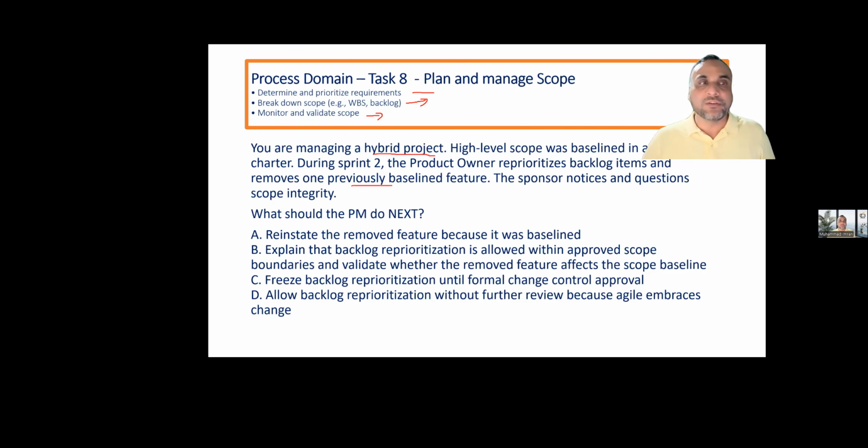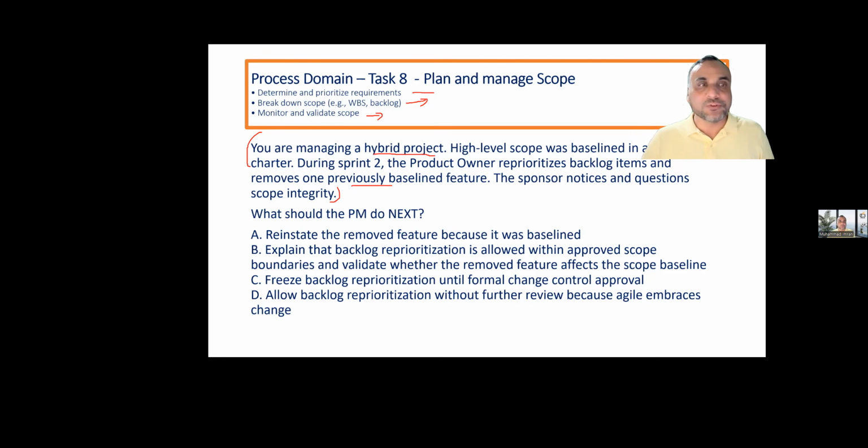The sponsor notices and questions scope integrity. Very good question. That one thing which was baselined from the predictive scope was in the adaptive backlog and the product owner removed it. And when the project manager is leading with the predictive mindset and methodology, then everything has to be done with the help of change control. What should the PM do next?